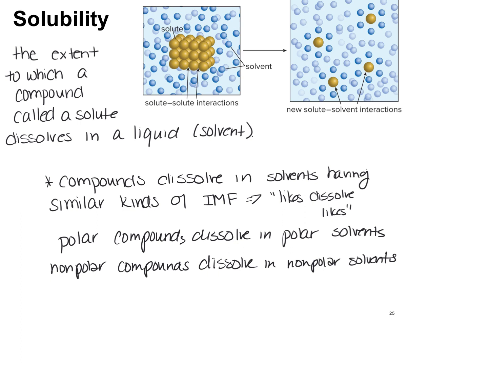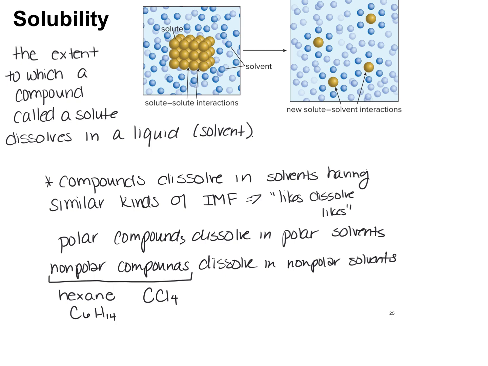I want to bring up a few nonpolar solvents that we see pretty frequently in organic chemistry. One is hexane, which is C6H14. And then we also see carbon tetrachloride, which is CCl4.